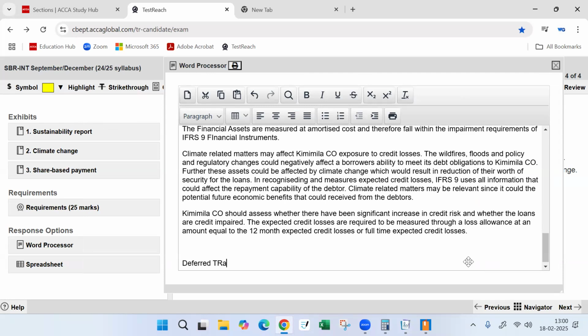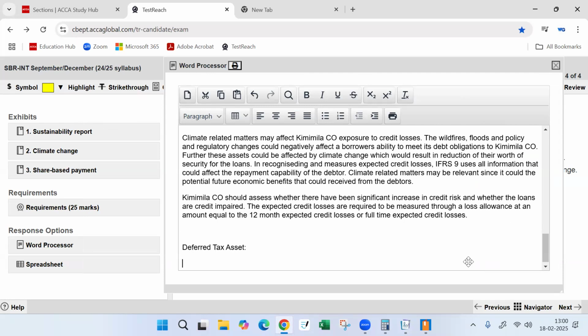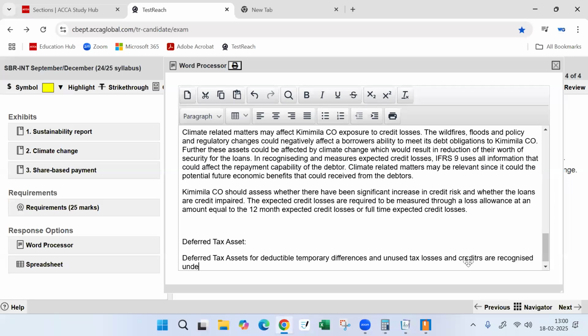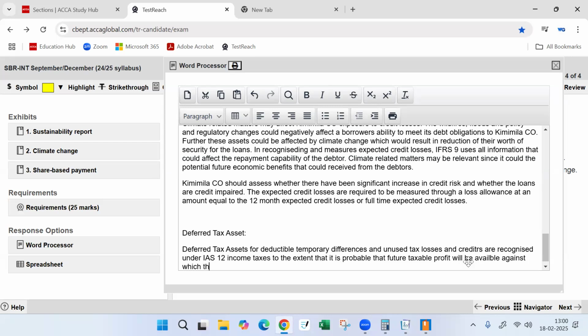Deferred tax asset. Deferred tax assets for deductible temporary differences and unused tax losses and credits are recognized under IAS 12 Income Taxes to the extent that it is probable that future taxable profit will be available against which those amounts can be utilized.